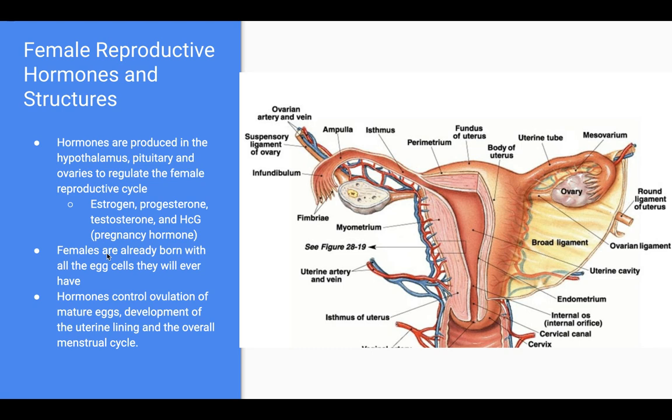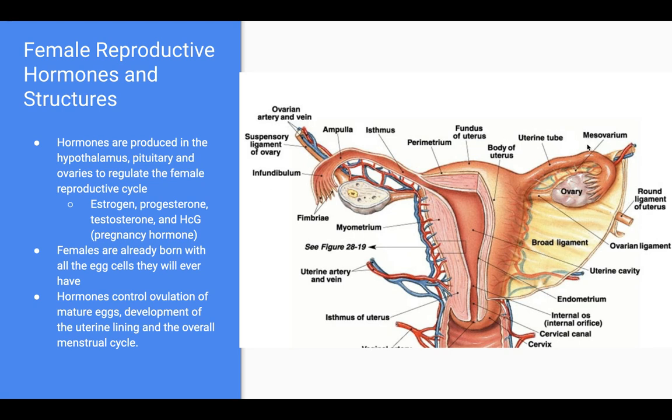So, a really cool fact about reproduction: female human beings are born with all the egg cells they're ever going to have, right in each ovary. At the onset of puberty, hormones will start to control the process of ovulation, which will release, on average, one mature egg once a month into the fallopian tube, toward the uterine lining, and that is the midway part of the menstrual cycle, which, if the egg is fertilized, will develop into a fetus.